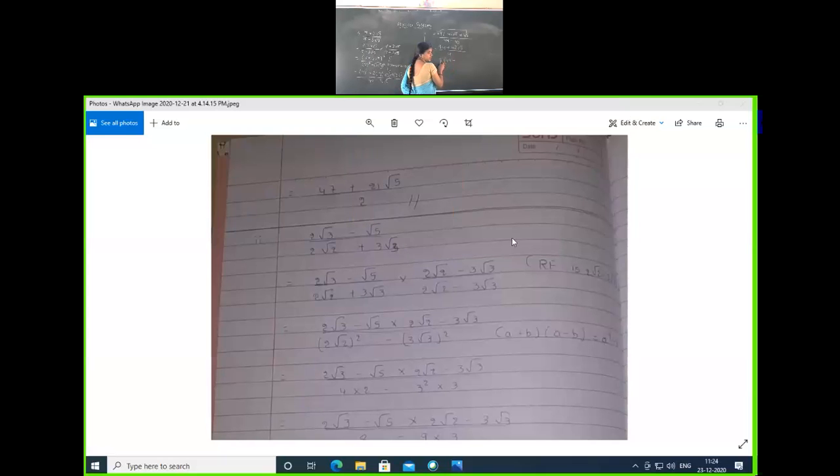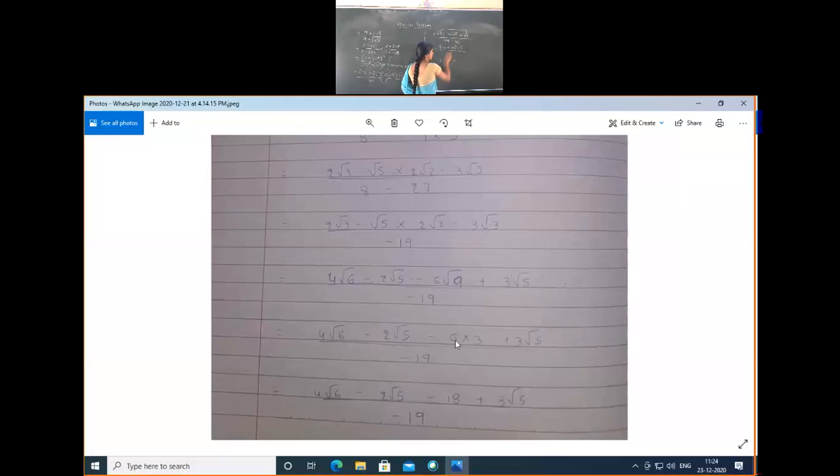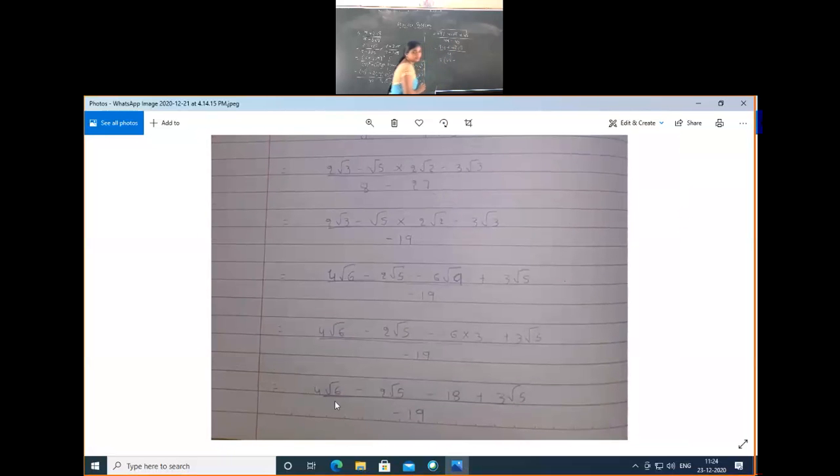In that also 2 is a common factor. 2 dash are 42, 21s are 42. So 21 root 5 divided by 4. Now 2 ones are 2, 2 twos are 4. So the answer is 47 plus 21 root 5 divided by 2.